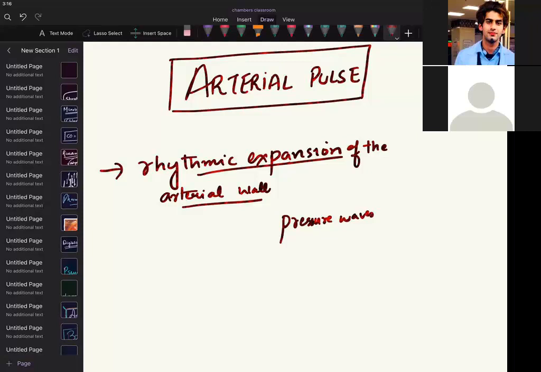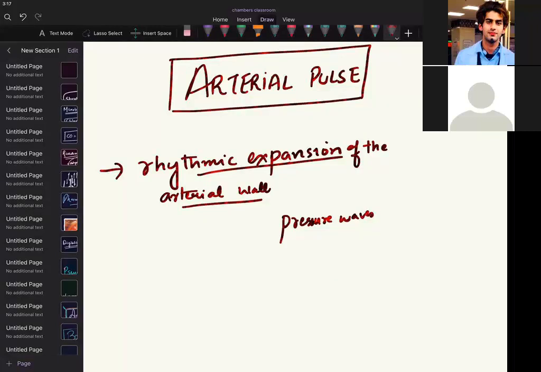So we are talking about this pulse. For example, you are taking your radial artery, at the radial side of your forearm. When you are feeling it, you feel some pulsations. Can you do it for me? I will teach you how to take a pulse in physiology practical class, but just haphazardly put your finger on this.